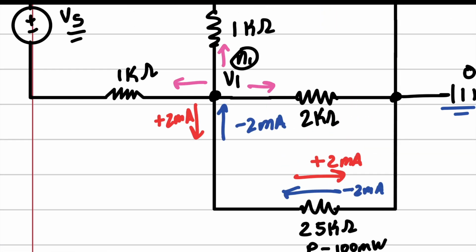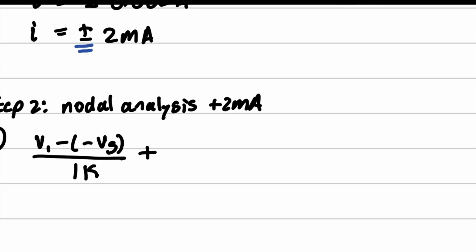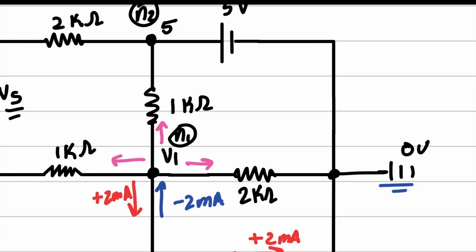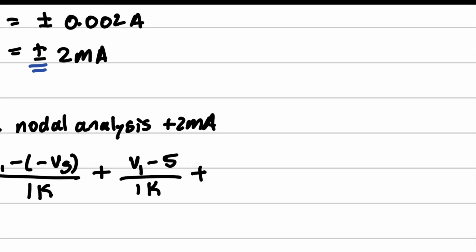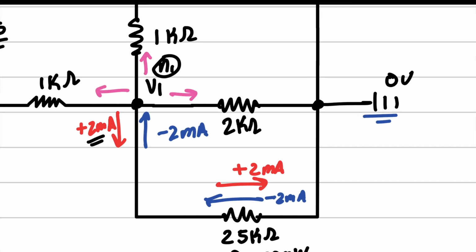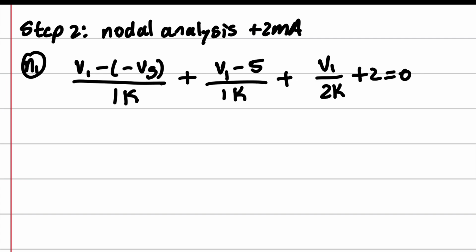Plus V1 minus 5 over 1K plus V1 minus 0. I'm just going to put V1 over 2K. And since we're starting with the plus 2 first, we're going to do plus 2 here. We're going to simplify this.